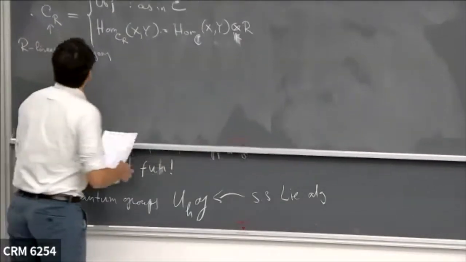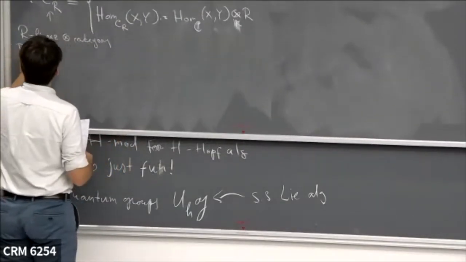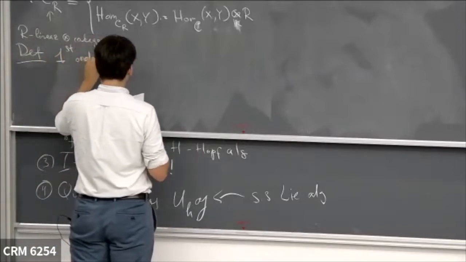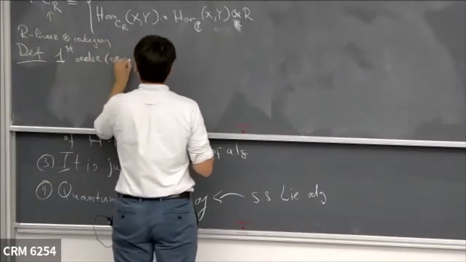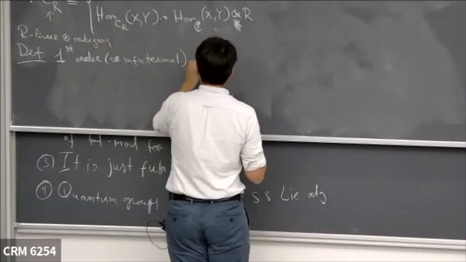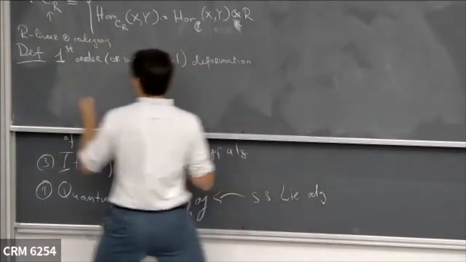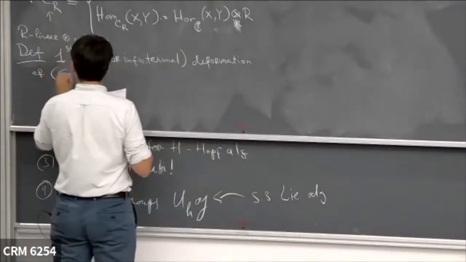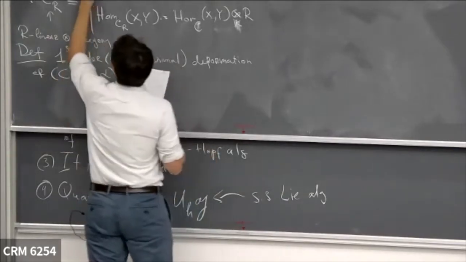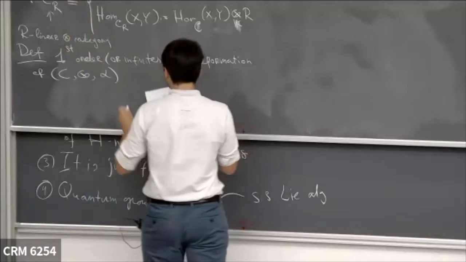Okay, so definition: a first order or infinitesimal deformation of my triple C, tensor, and alpha. In this definition, I don't need to assume alpha is identity.